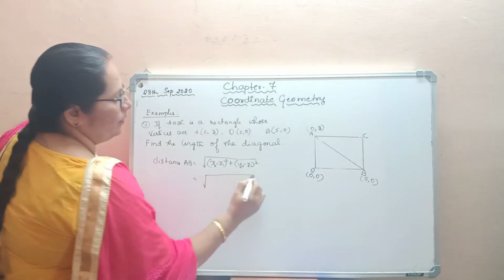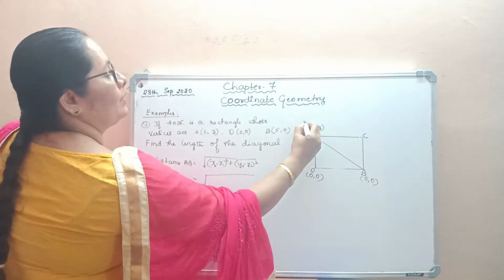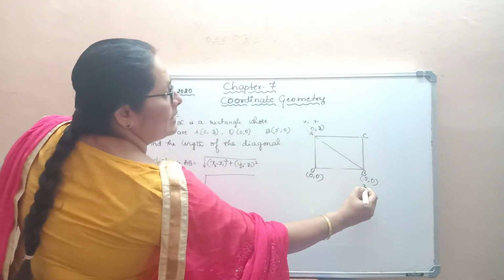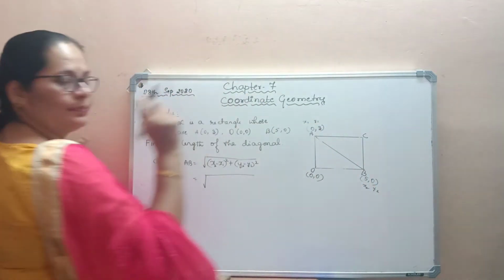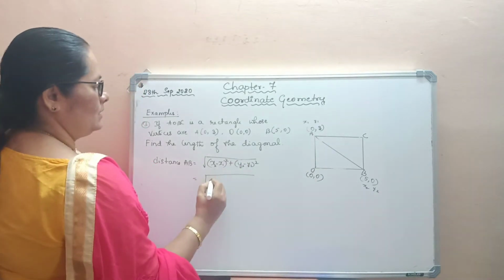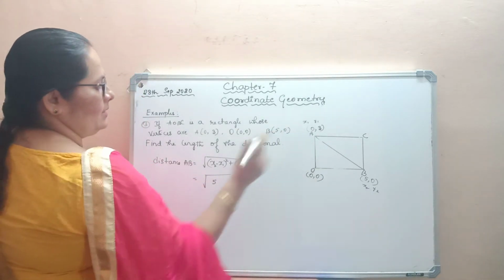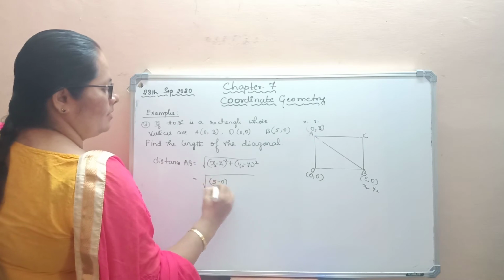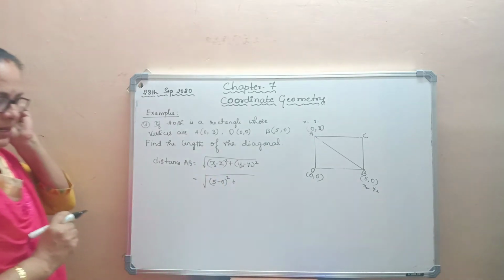Now take this as x1, y1 and this as x2, y2. Now apply the distance formula. So x2 is 5, x1 is 0, so 5 minus 0 whole square.